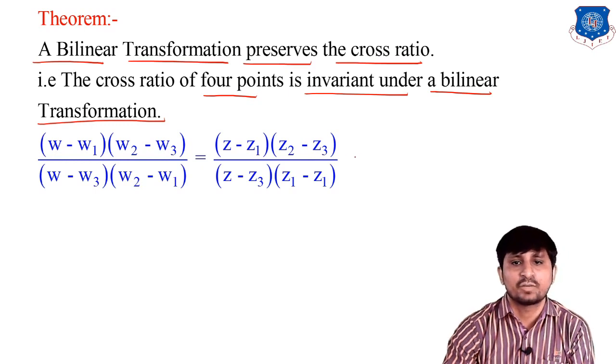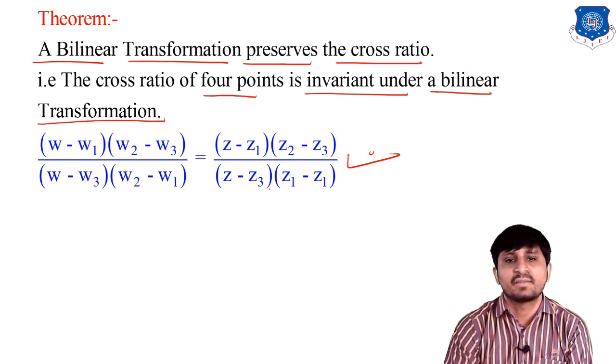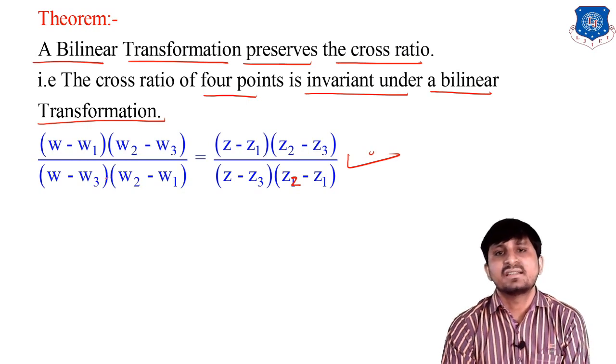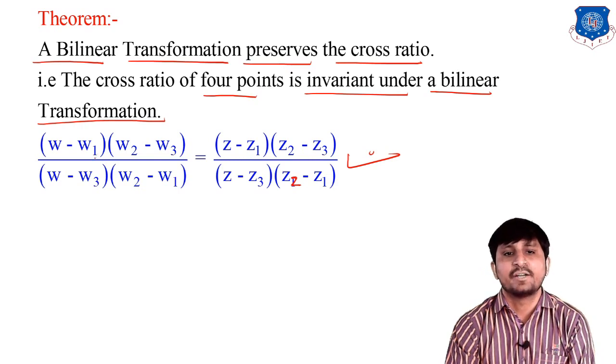This is a very important formula that you have to remember: (w minus w1) into (w2 minus w3) upon (w minus w3) into (w2 minus w1) is equal to (z minus z1) into (z2 minus z3) upon (z minus z3) into (z2 minus z1). To remember this formula, here is one hint: in the numerator we have 1 2 3, and in the denominator we have 3 2 1.